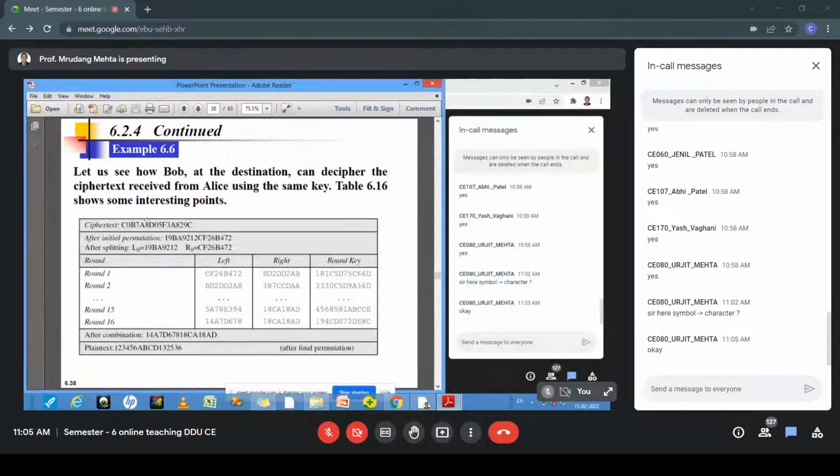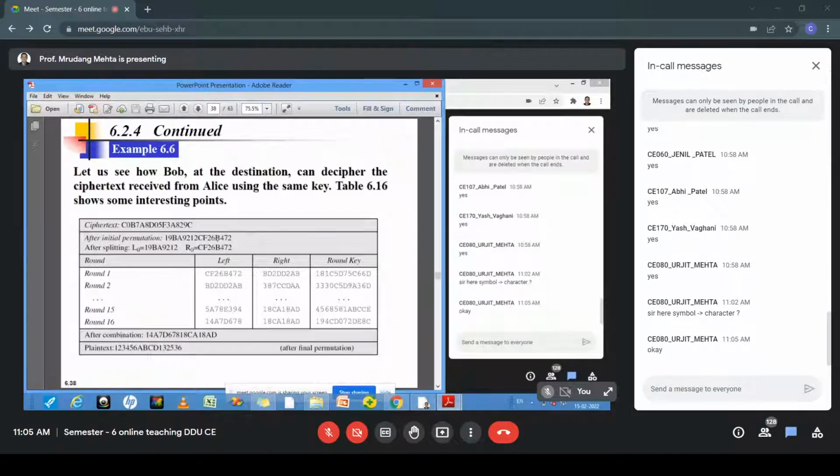After generating the initial permutation, we again divide it into L0, R0, two parts, and then L1 becomes R0 and R1 becomes, following that formula which I discussed in the previous class, and the round key is used. After 16 rounds, it generates the final permutation, and that becomes your plain text. So you recover the plain text from the ciphertext.